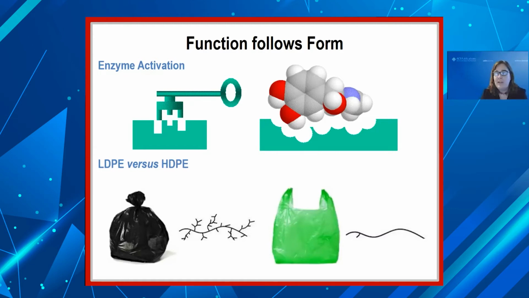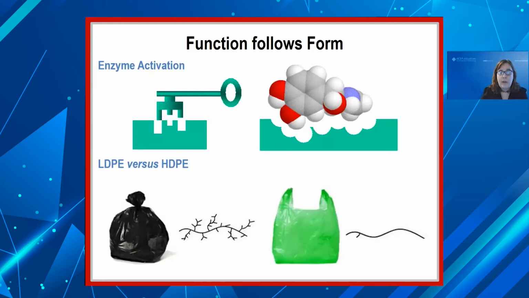This same idea that function follows form extends into the realm of materials science, where we could consider, for example, low density polyethylene versus high density polyethylene, where the degree of molecular cross-linking or molecular form can influence the resulting mechanical properties that are going to be displayed by the resulting plastic.